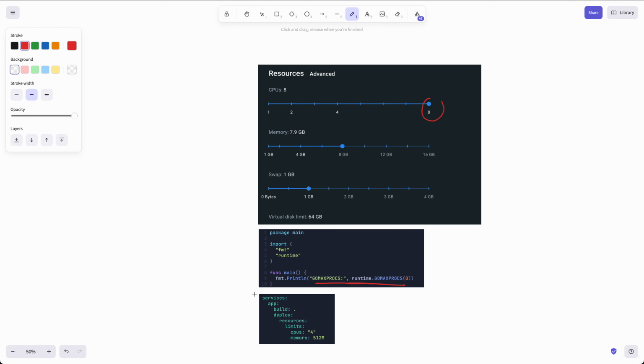And then what you can do is use a Docker Compose file and set the CPU limit to less than the number of CPUs in the Linux VM. And then you can just run that Go application and see what GOMAXPROCS is. So we would assume here that GOMAXPROCS would be set to the limit imposed by Docker, so in which case the CFS limit.